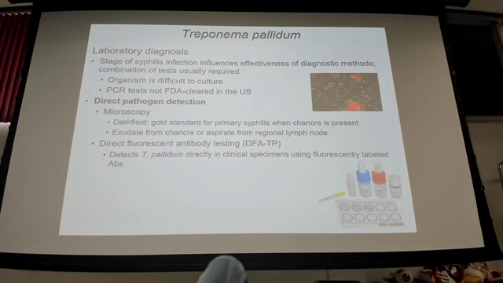Syphilis. The hardest thing I think with syphilis is the lab diagnostics, but there's also a slide that you want to make sure you study about the 3 stages of syphilis in the presentation.